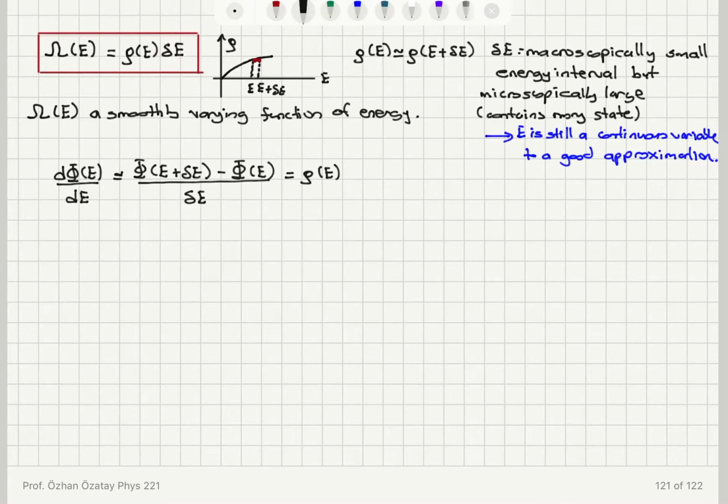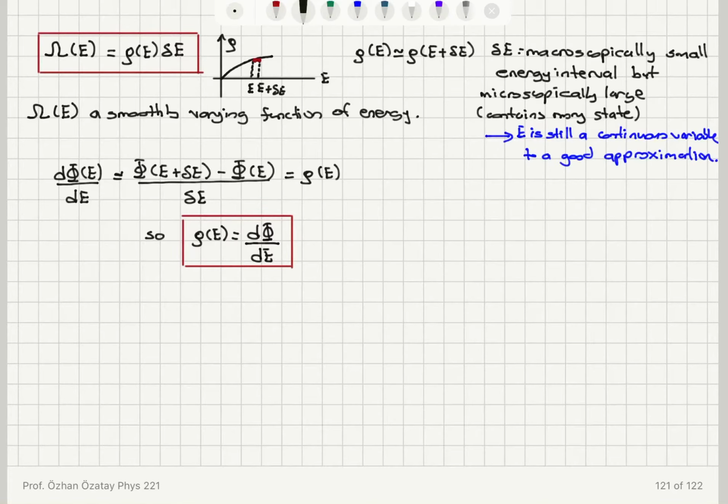Basically, I have found that the density of states rho is the derivative of the total number of states with energies less than E with respect to the energy E. So that is the definition of density of states.